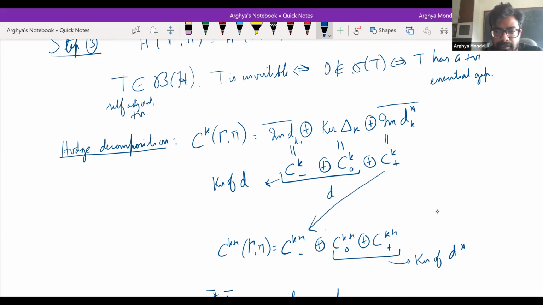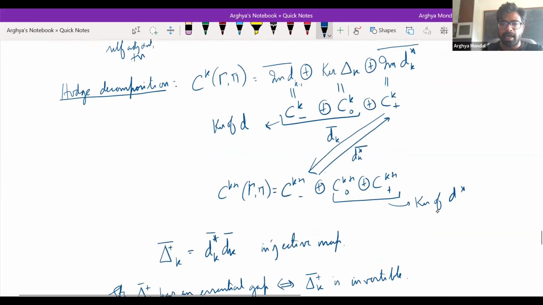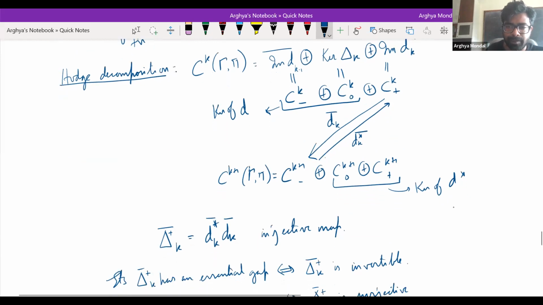And I call it DK bar. And similarly, DK star, I can think of as a map from just here to here. And these two maps, DK bar and DK star bar, these are injective maps.